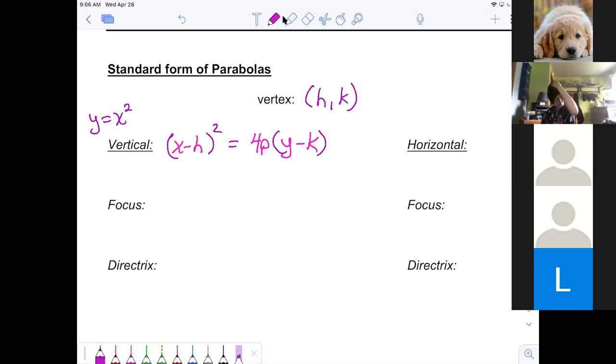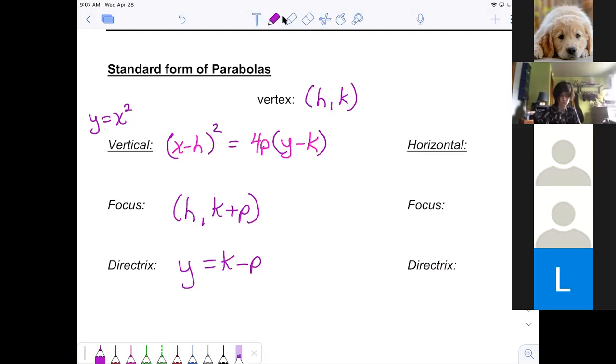So the focus, if this is a vertical graph, you're adding p to the y value of the vertex. And then the directrix, you're subtracting p. So the focus is the same distance as the directrix is to the vertex. So you add or subtract p. And again, it's the y value since it's vertical.